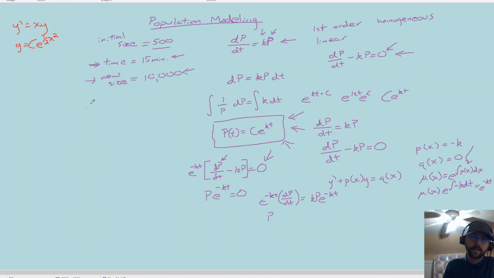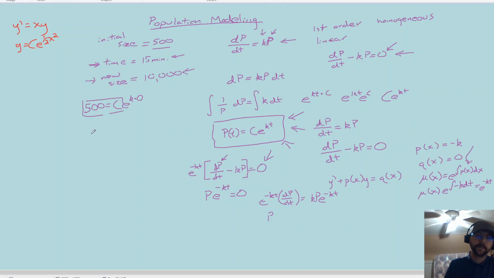So P at time 0, the population, is going to be 500, equals C, which we still don't know, times e to the k, which we still don't know, times t, which is 0, because this is time 0. This is 0 minutes. And 0 times k is 0. e to the 0 is 1.